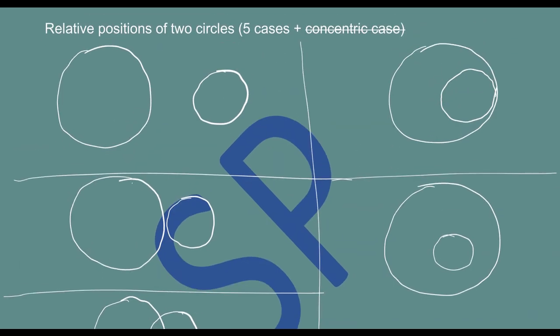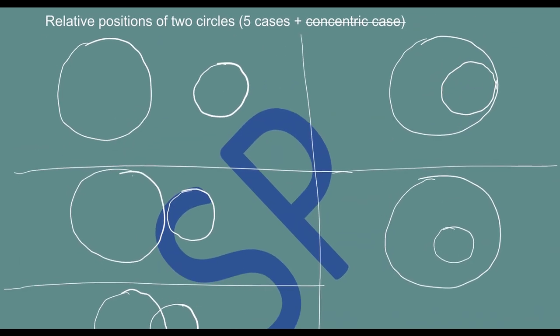Now we are going to see relative positions of two circles. In this first part, we say the circles are disjoint from each other, which means there are no common points. In this diagram also you can see that the circles are disjoint from each other.